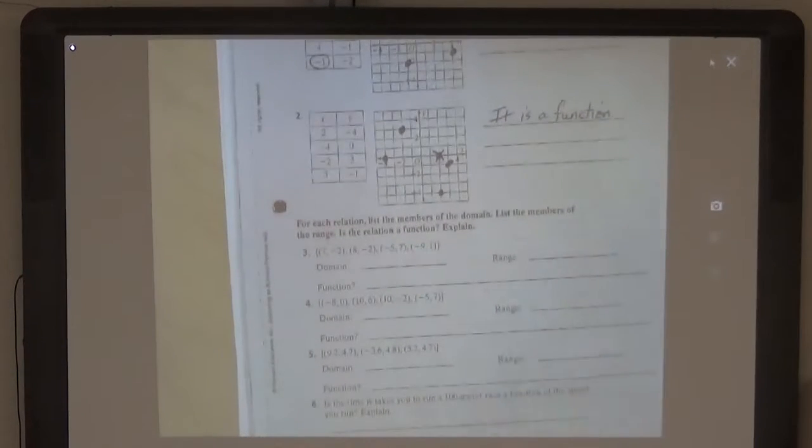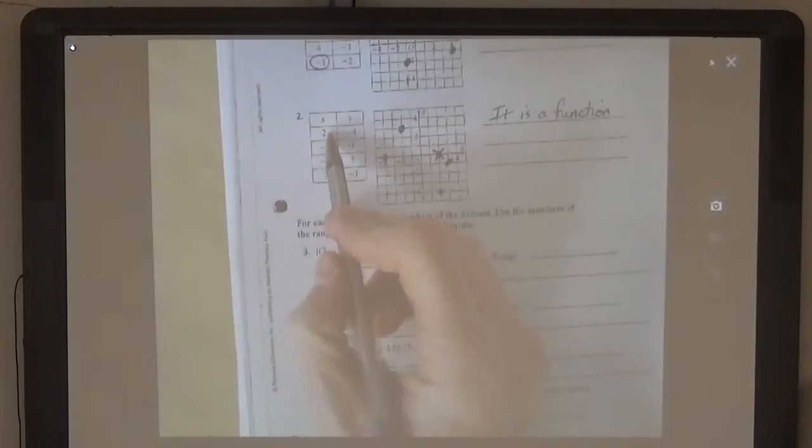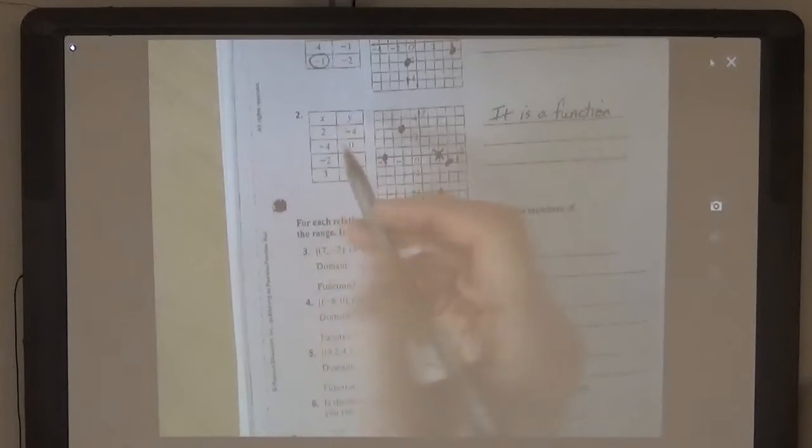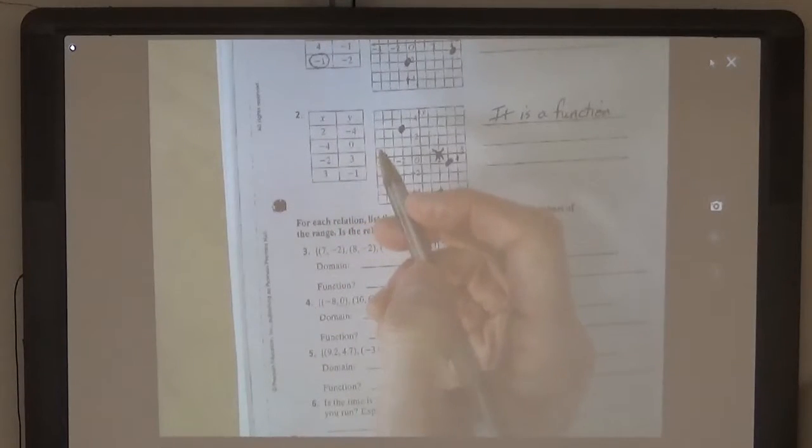Make sure that you explain. For the second one, how do you know it's a function? In the domain, every domain number has only one range number.